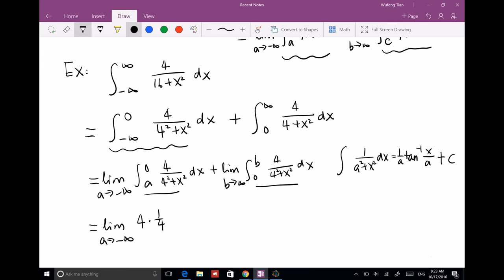Now I change that into 1 times 1/4, and the antiderivative has 1 over 4. The numerator has another 4, so these two cancel out. Then times tangent inverse of x over 4, from a to 0, plus.